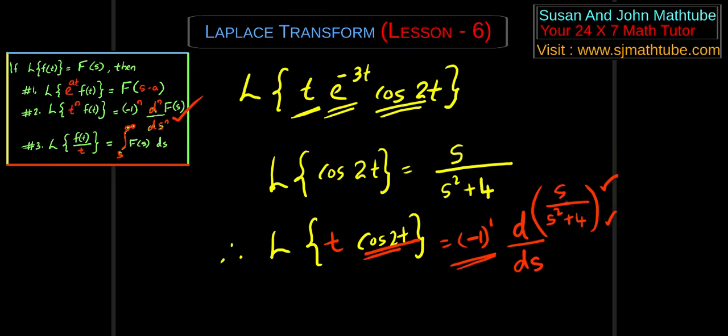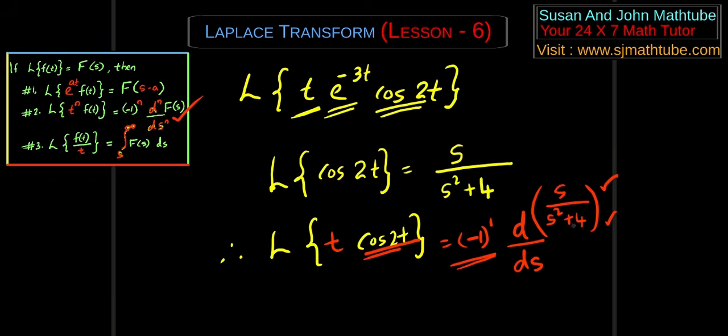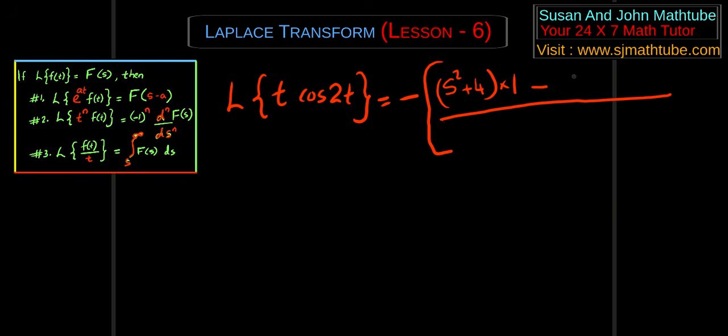S square plus 4. So s square plus 4 times 1 minus, so denominator and derivative of numerator minus numerator and derivative of denominator, the whole divided by denominator, the whole square.